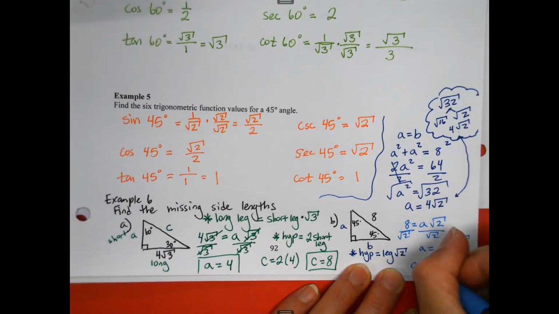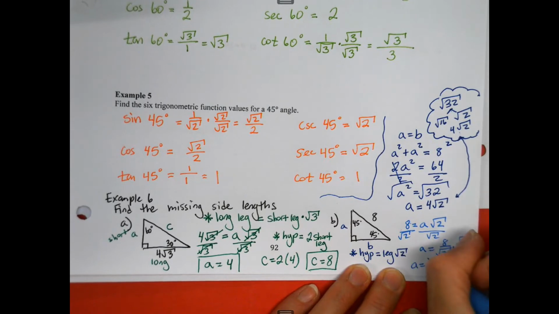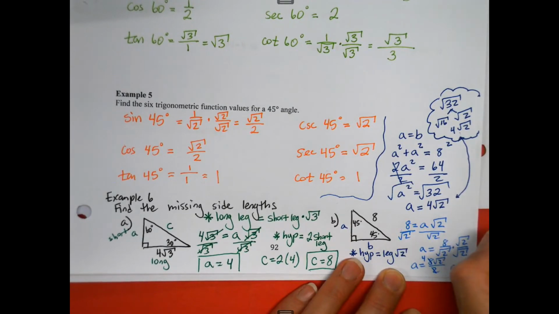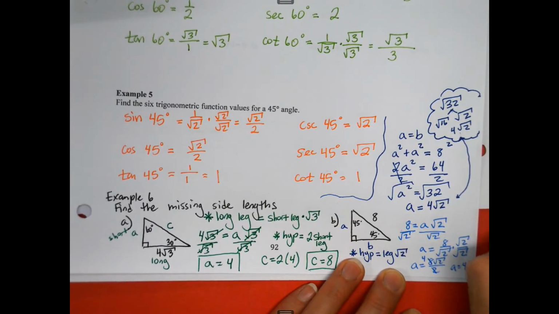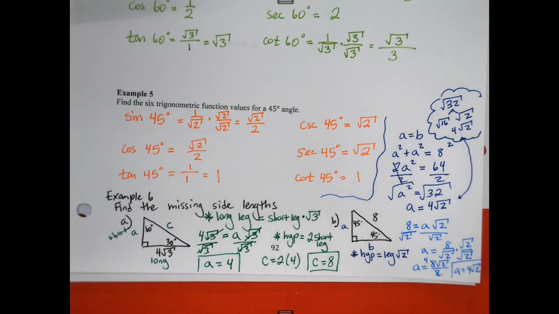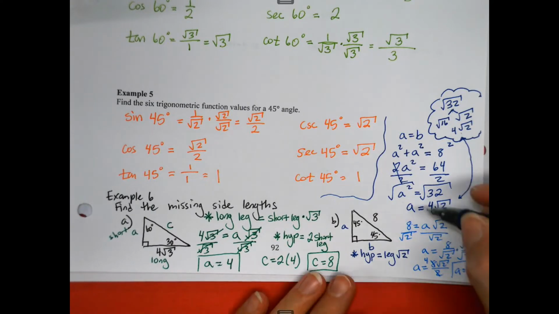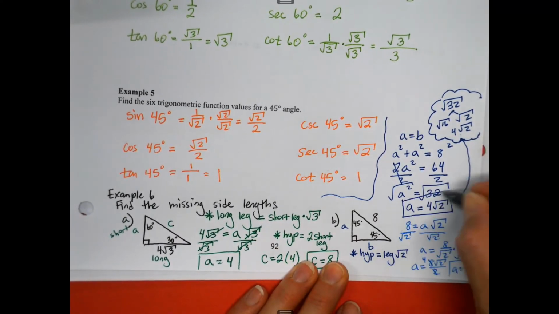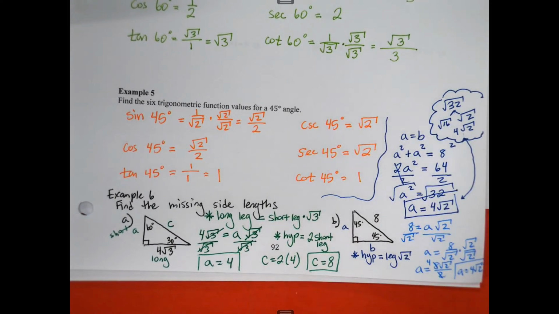So A is equal to 8 square root of 2 over 2, which reduces to 4 times the square root of 2. So it's kind of up to you. You decide which way is easiest. But then you also know that B is also 4 times the square root of 2, because both of the legs in a 45, 45, 90 triangle are equal to each other.